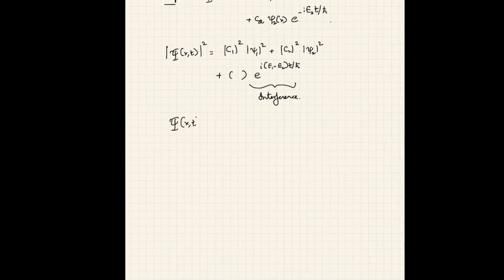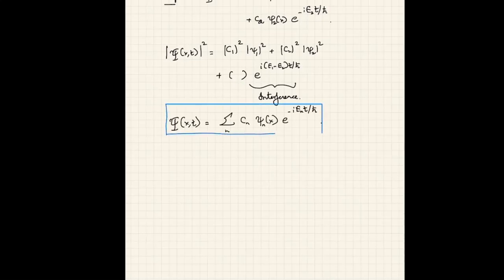Psi of x comma t is the sum over n of Cn psi n of x, phi n of t, which is e to the minus i En t over h bar. So each of these terms can have a different n. This is what we have as the general solution of the time-dependent Schrodinger equation.